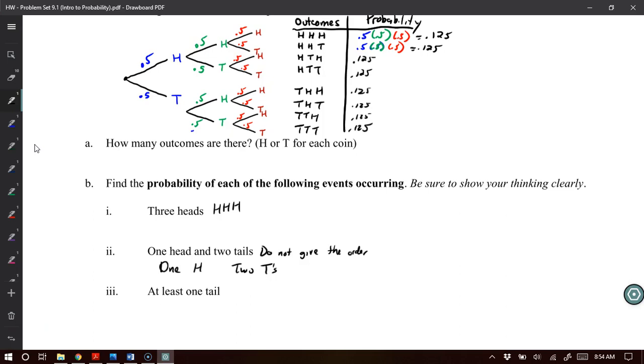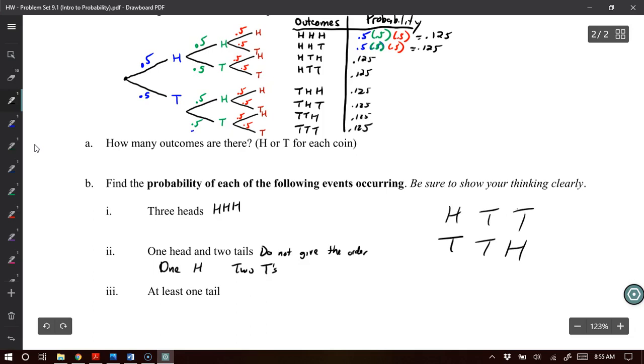So I could have heads, tails, tails. I could have tails, heads, tails. You get the idea that it doesn't matter what order the 2 T's and the H are in. I can keep changing it up. That's what this is looking for.